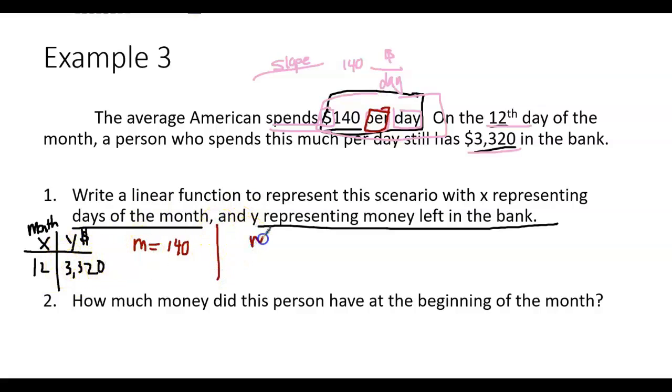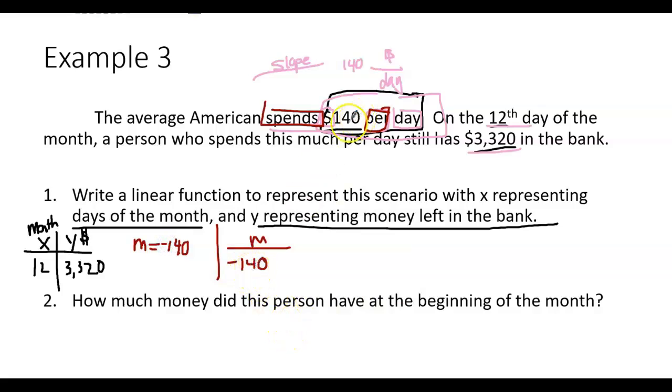What we do is, first of all, you identify your slope, which is 140. We already know that. But here's something that's kind of not obvious: would you say that this person is gaining money or losing money? Read the problem. It says they're spending money, right? Since they're spending money, that means they are losing money. So our slope is actually negative 140.